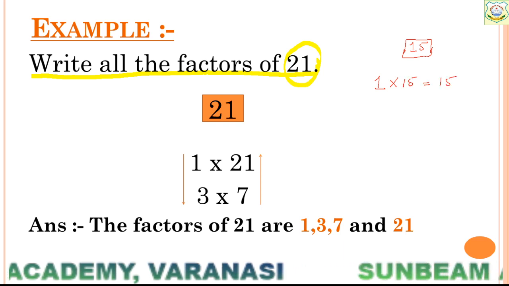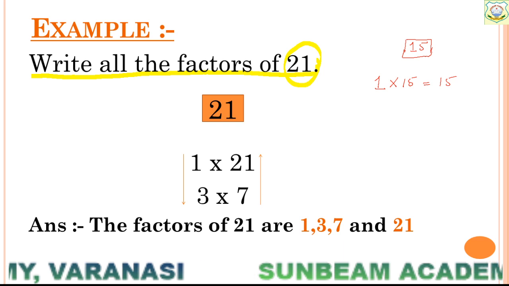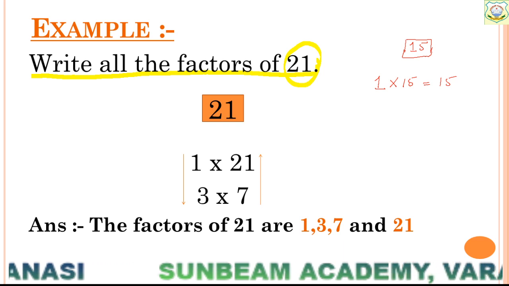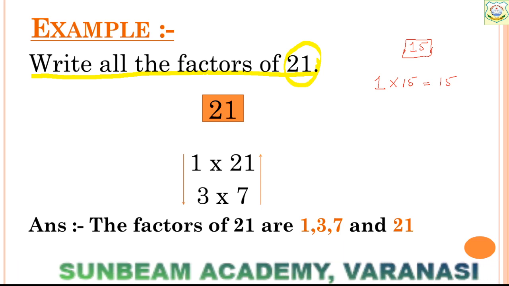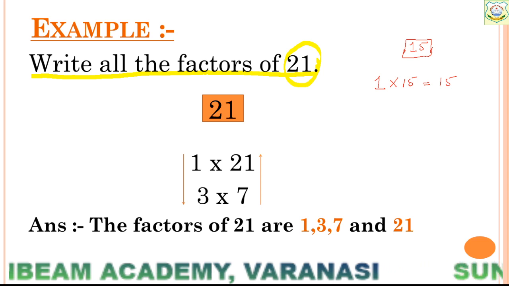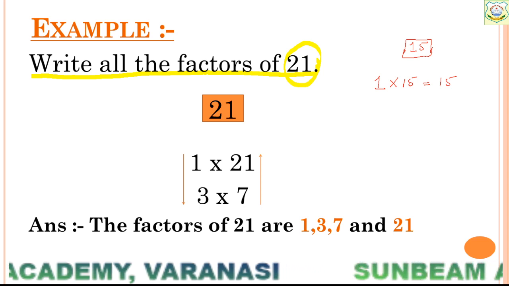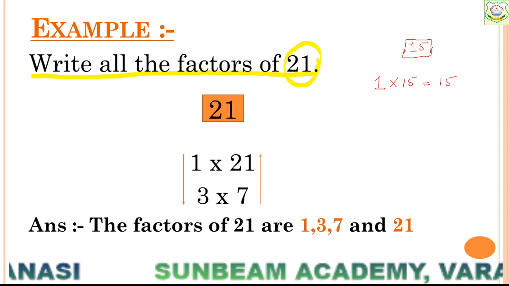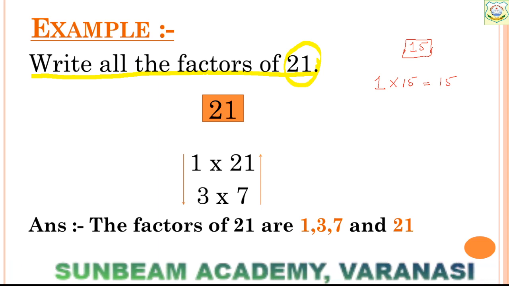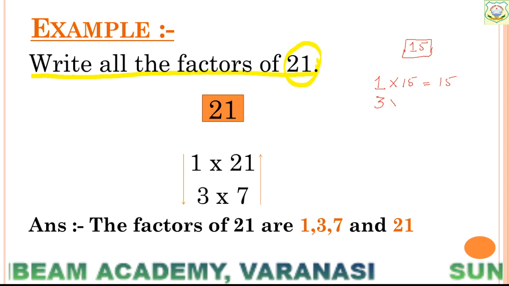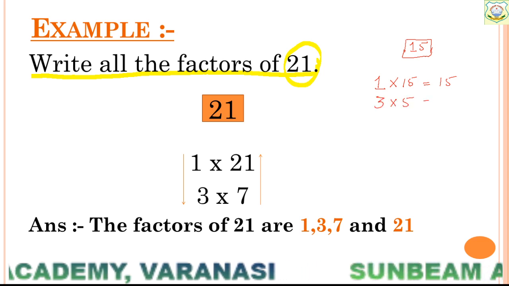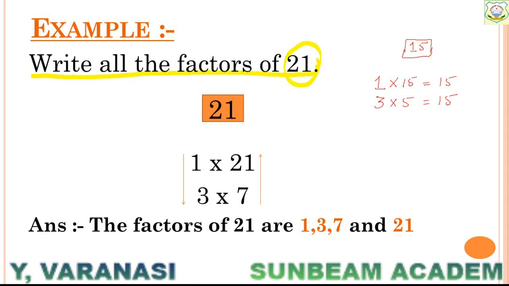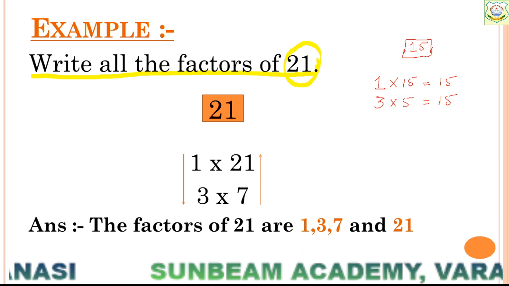You know this. Now tell me, 2? Does 15 come in the table of 2? Yes or no? No. Then tell me, does 15 come in the table of 3? Yes. How many times? 3 5s are 15.